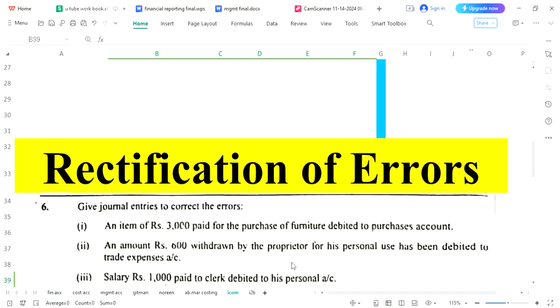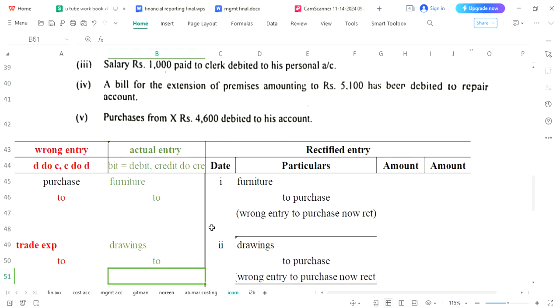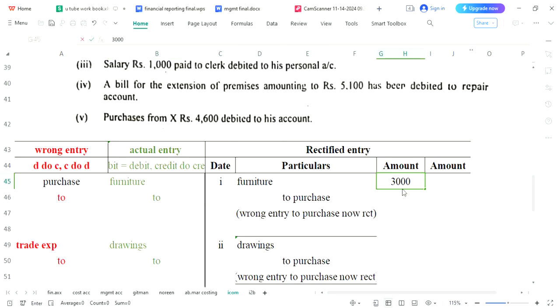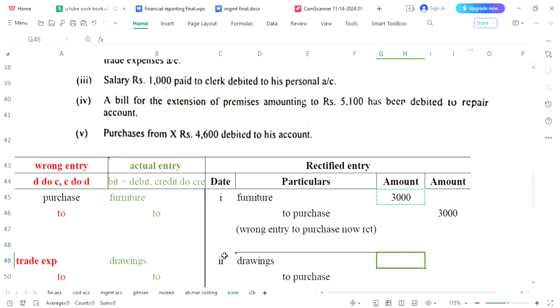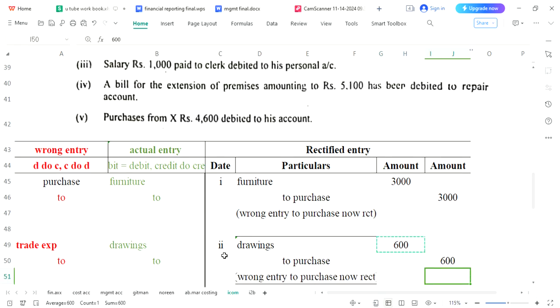Amount is not the problem. First entry amount was 3000. You will write 3000 over here, and the same amount you are supposed to write on the credit side. For the second entry the amount was 600. Just put 600 over here as well as on the credit side.